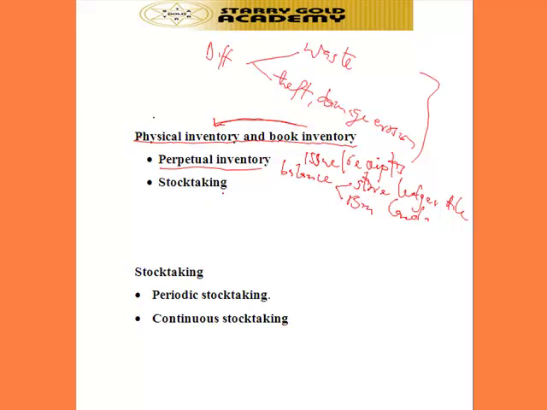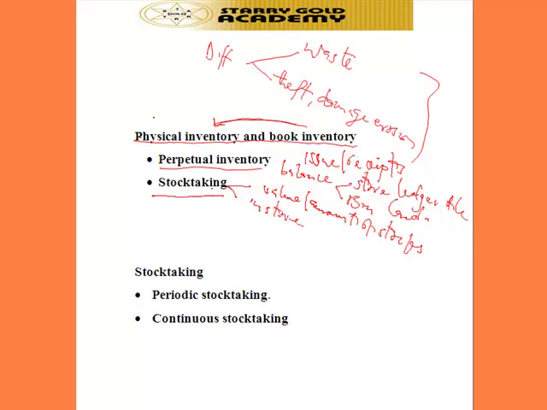Then 2, we need to look at stock taking. Stock taking is the activity or the process of determining the actual value and amount of stocks in store at a particular time.